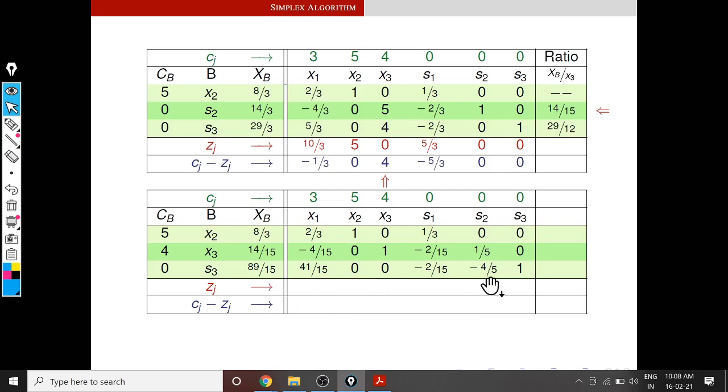89/15, 41/15 കറക്റ്റല്ലേ? അത് നിങ്ങൾ വെരിഫൈ ചെയ്ത് നോക്കിക്കൊള്ളണം. ദെൻ ZJs കമ്പ്യൂട്ട് ചെയ്യാം. Z1 പറയാവോ? കാൽക്കുലേറ്റ് ചെയ്ത് നോക്കിയിട്ട് പറയാമോ? വാട്ട് ഈസ് Z1?